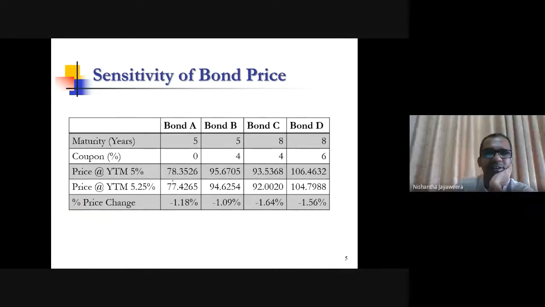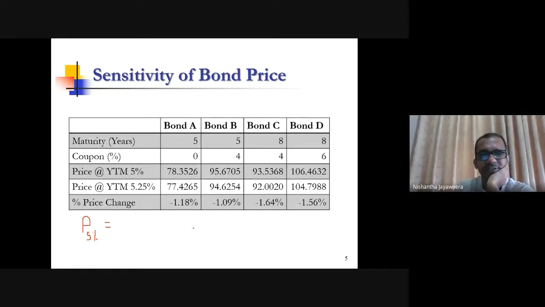How do you get this price at 5%? What is the cash flow? How many cash flows in a zero coupon bond?